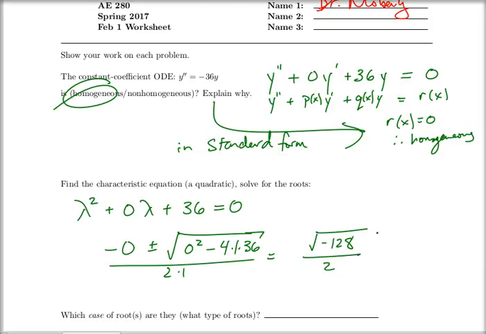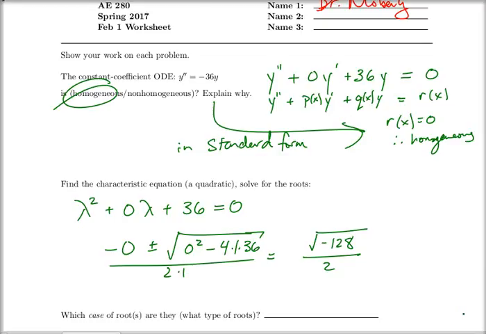128, is that a perfect square or not? No, 121 is a perfect square. All right, shucks.